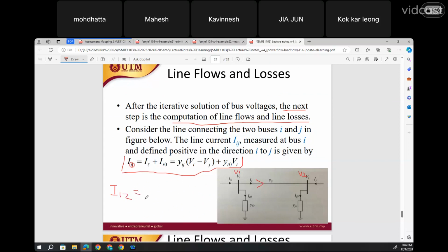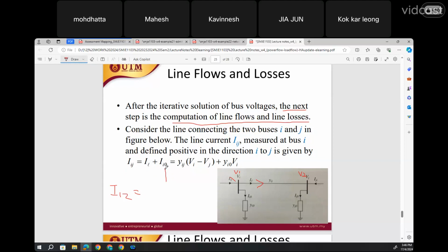I12 equals I_L that I have over here plus the I coming. Oh, okay, I cannot use this equation. Never mind. Actually, this I_L plus I naught is I12. What is I naught?